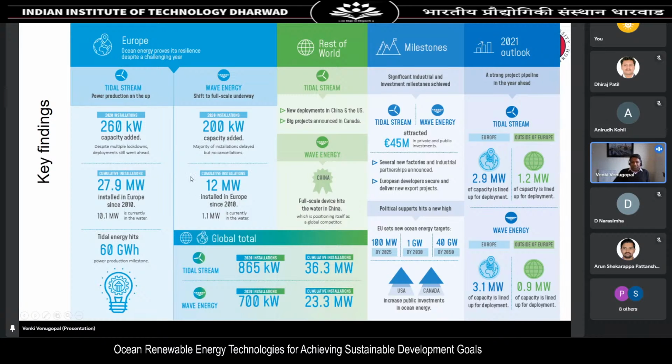This is the same information that you have seen, but the new information here is that countries like China, USA, and Canada are adding research capacities to the wave and tidal energy industry. And they have started producing electricity using these ocean resources.